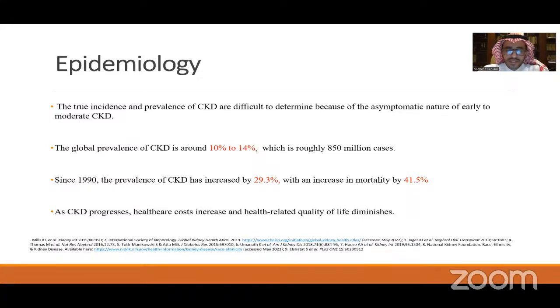And the prevalence of CKD has actually increased in the last 25 years by 29.3%. And this is likely related to the increase in the prevalence of risk factors like diabetes, hypertension, obesity, and of course, the aging population. And as CKD progresses, the healthcare cost increases, posing huge challenges to countries and healthcare systems, and also to the patients and their quality of life.